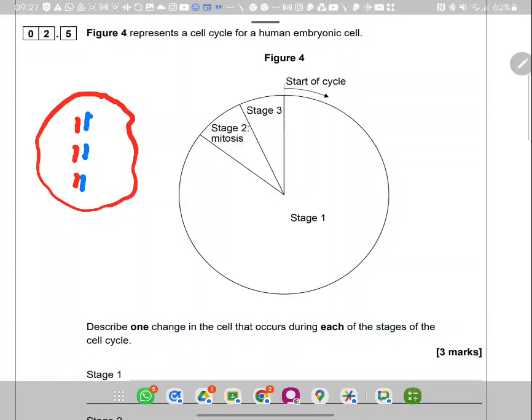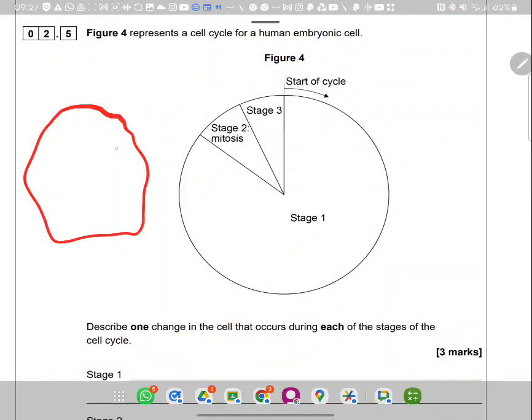So DNA lines up in mitosis, and then what's going to happen is the DNA, for each copy, is going to be pulled to separate sides of the cell, so we're going to end up with this. And that is the process of mitosis.